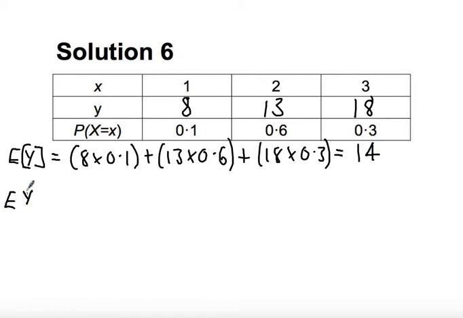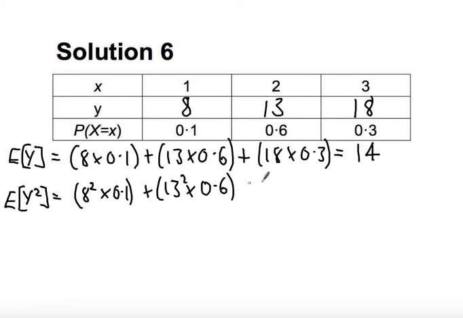Now for the variance of y, I need expectation of y squared first of all. So I get 8 squared times 0.1 plus 13 squared times 0.6 plus 18 squared times 0.3. Now if we calculate this on our calculator, you should get an answer of 205.